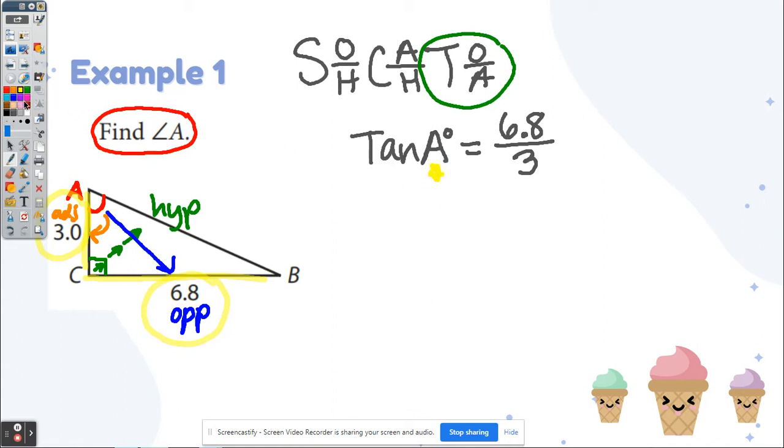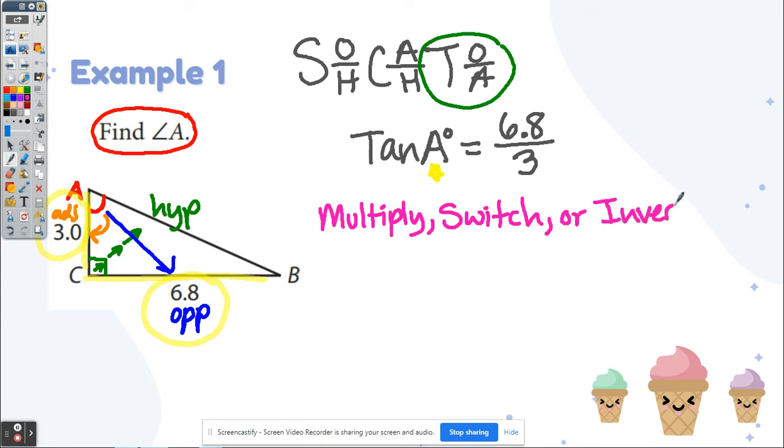So now I might be saying, is it multiply, switch, or inverse? That's what I might start saying in class. And you would say out of those three, it's definitely inverse because we're trying to find the angle. Multiply and switch is only if one of these is missing.